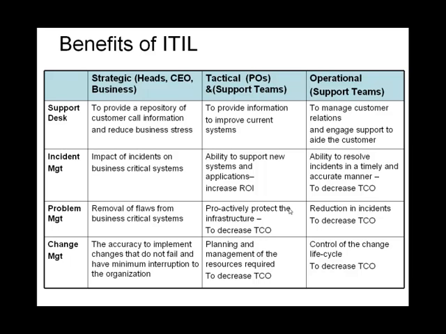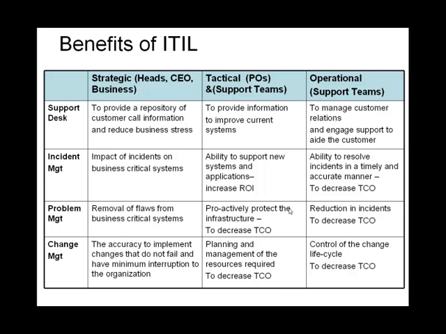So let's look at incident management, for example. For a strategic level, the impact of incidents on business critical systems will reduce and will be identified. On the tactical layer, the same, incident management, you will have the ability to support new systems and applications. So, in effect, you have an increased return of investment.